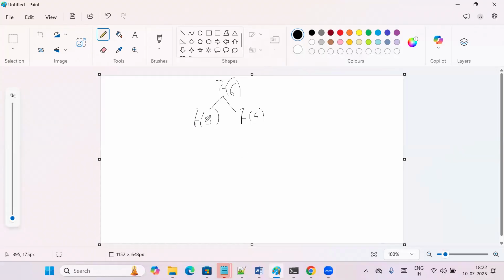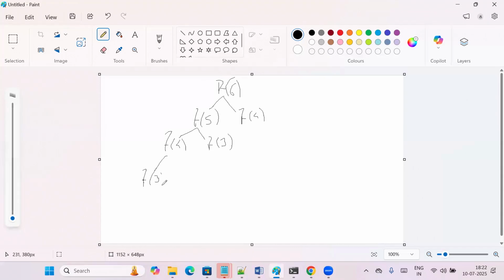So this is f of 5, f of 4, right? Then again you will get f of 4 and you will get f of 3, correct? See guys, I'm first evaluating the left subtree. If you evaluate the left subtree, automatically the right subtree answer you will get. So again I'm telling here f of 3 and f of 2.